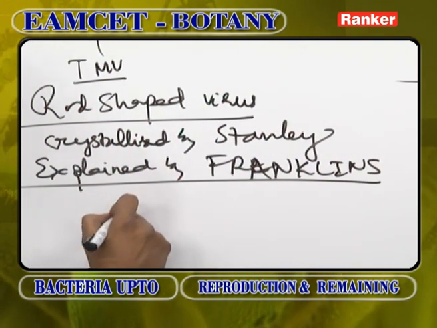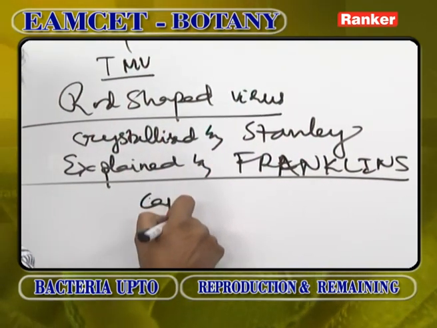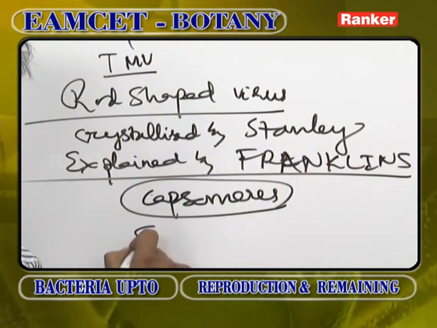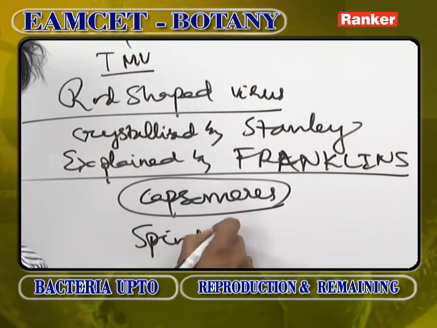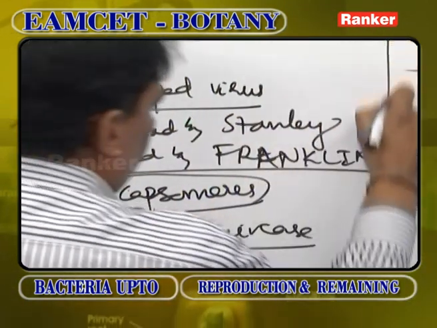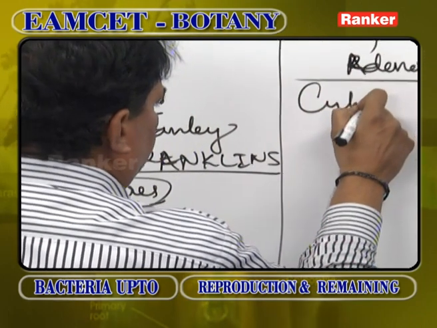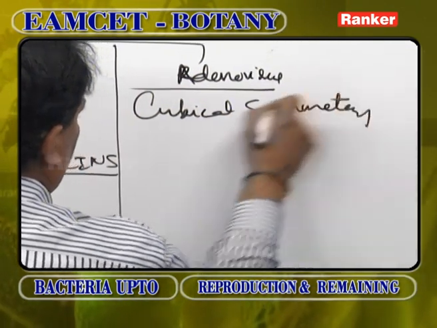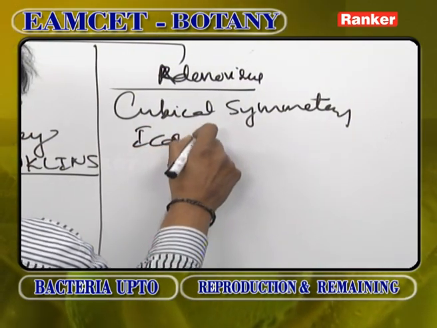Tobacco mosaic virus shows a central core of RNA surrounded by a capsid protein coat made up of capsomeres which are arranged in the form of a spiral staircase. Adenovirus shows cubical symmetry. Cubical symmetry shows icosahedron nature.